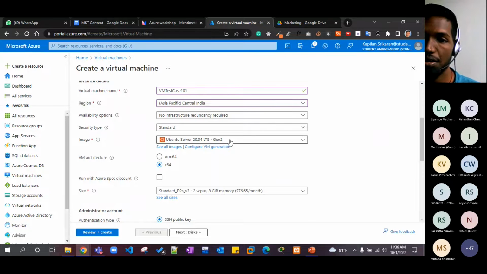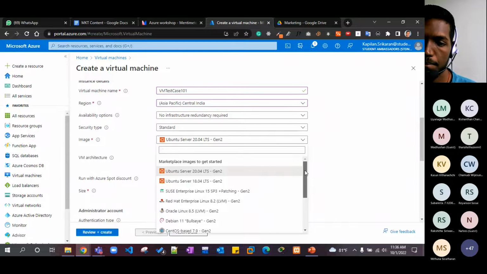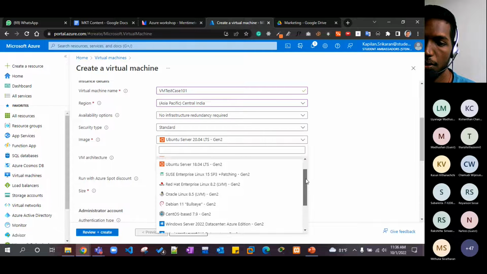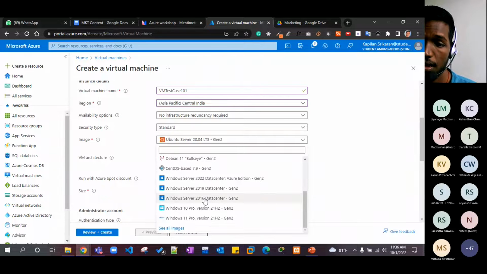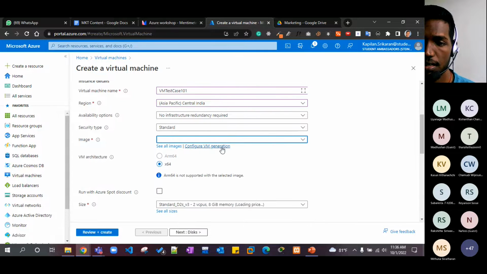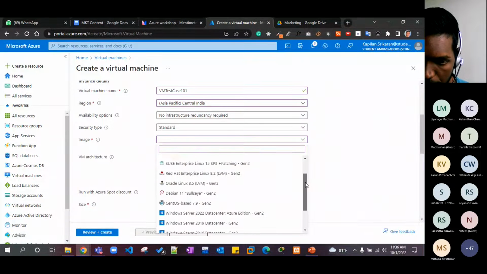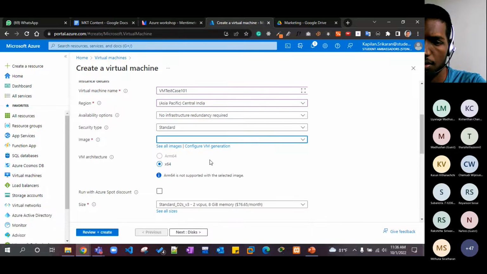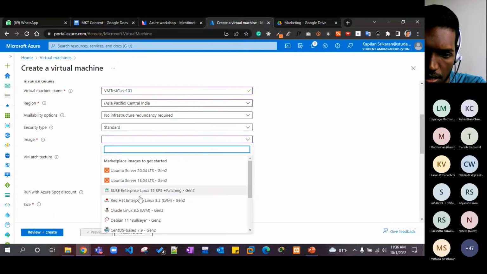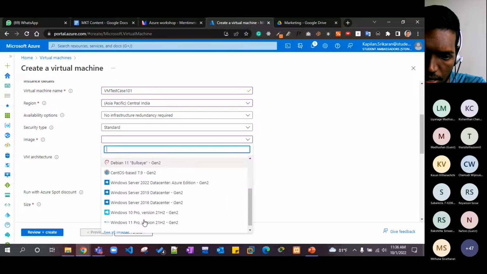What operating system do you want, right? There are a lot of operating systems here. I am choosing Windows Server, second generation, right? Wait, okay, select it again.